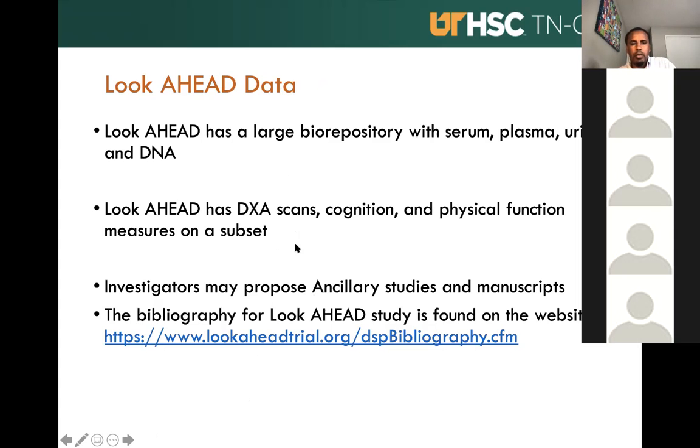It also has some bone density scans and data on cognition, physical function, and other measures on a subset of the Look AHEAD participants. The investigators may propose ancillary studies, sub-studies, or manuscripts. And the bibliography for the published manuscripts can be found on the website lookaheadtrial.org.